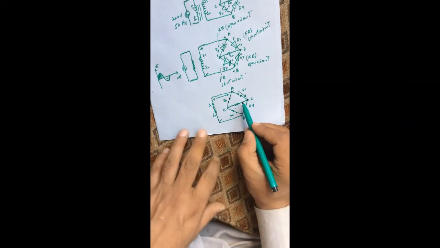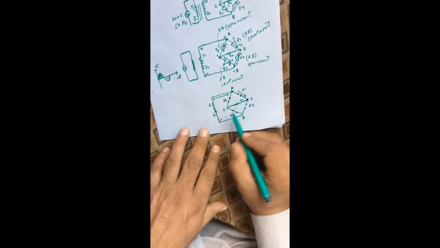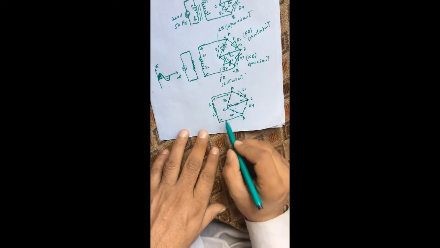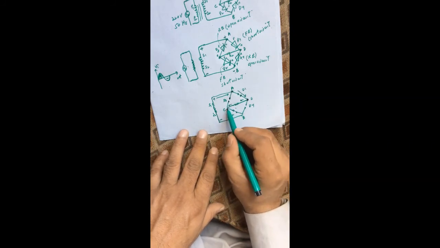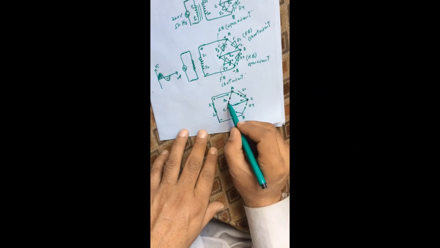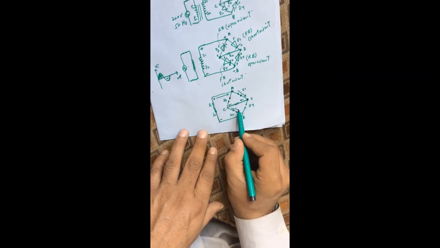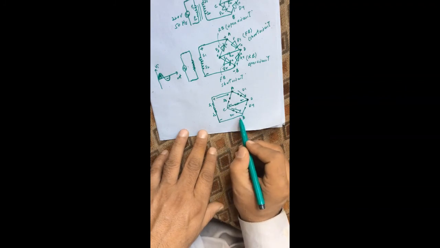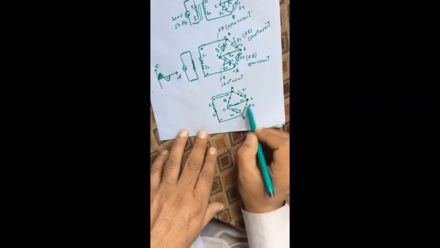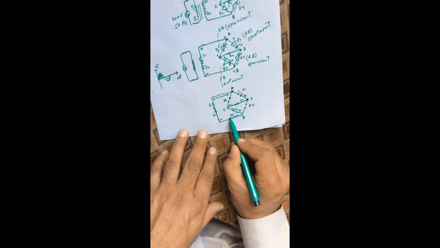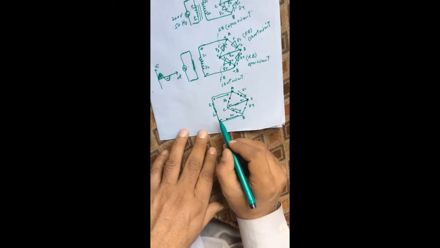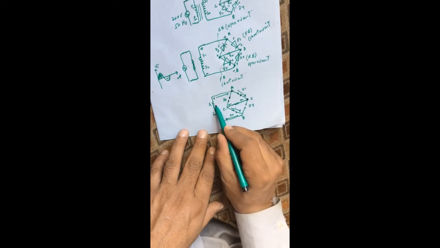So the only path for the flow of current is now this one. At point C, the current cannot flow in this way because this is open circuit, so the current will follow this path. And when it reaches point B, then again it cannot flow through this path because this is open. So the current will flow here to S1, S2, and then again from this one.